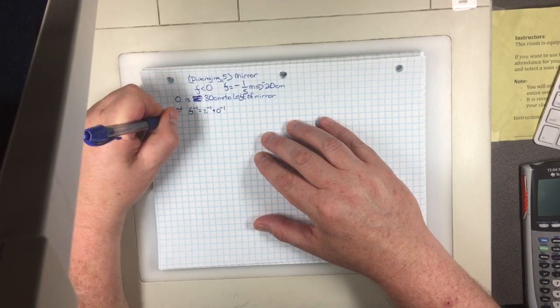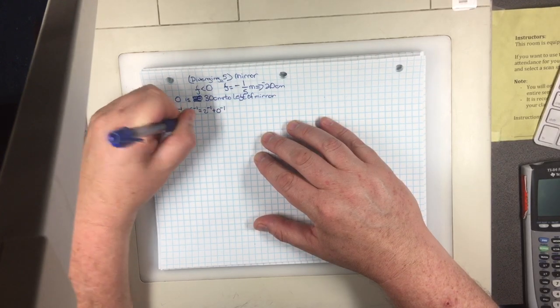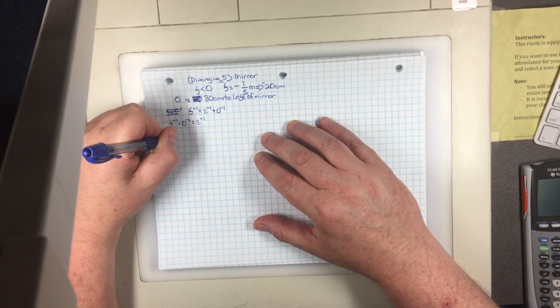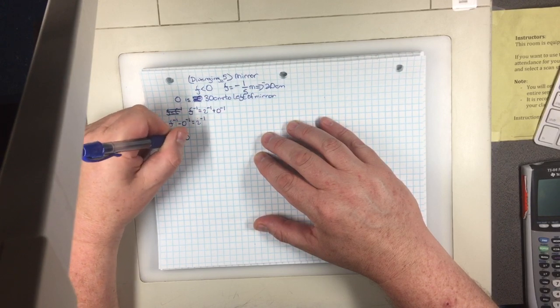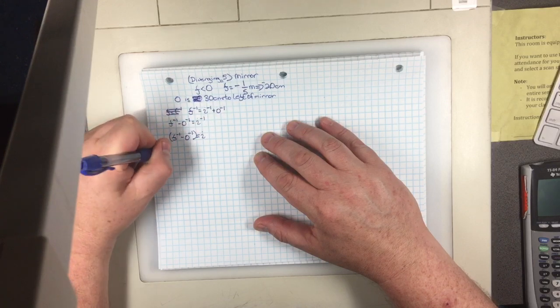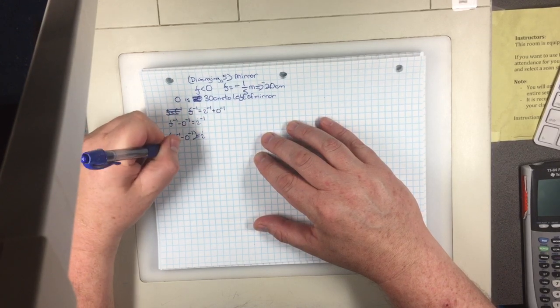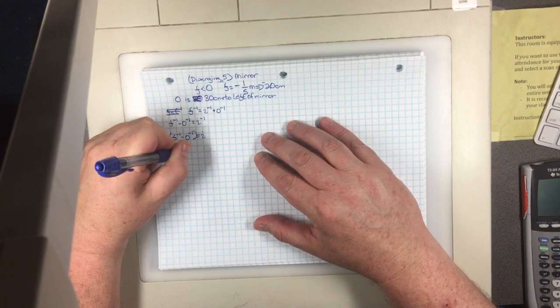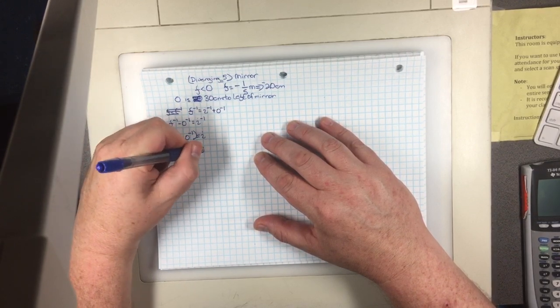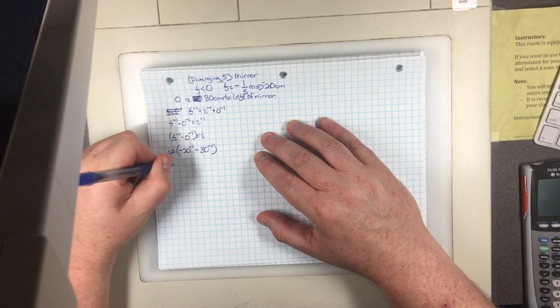F inverted minus O inverted is equal to I inverted, or F inverted minus O inverted is equal to I. So I is equal to minus 20 inverted minus 30 inverted.